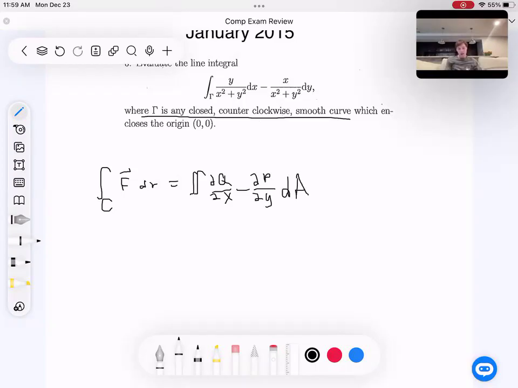So basically we're going to turn it into a double integral across the region of this new scalar field. So that is Green's theorem.